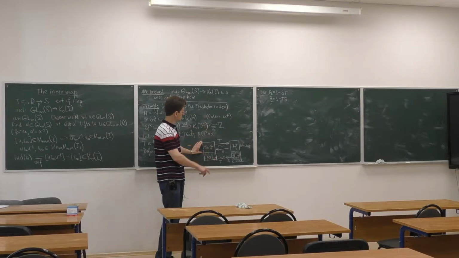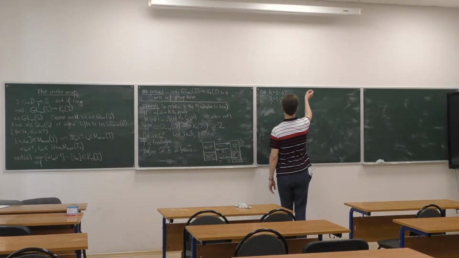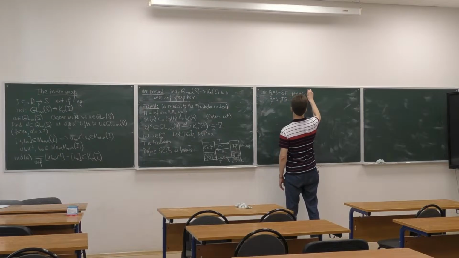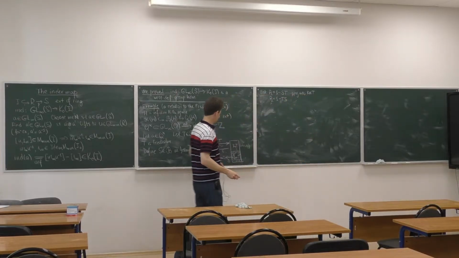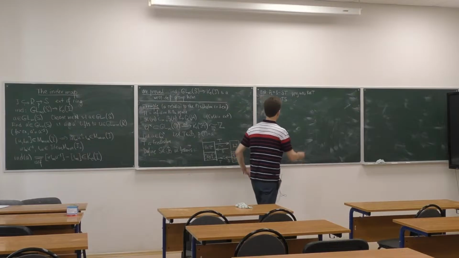So 1 minus ST is the orthogonal projection onto the kernel of T. And similarly, TS is the projection onto the image of T, and so 1 minus TS is the projection onto the orthogonal complement of the image.